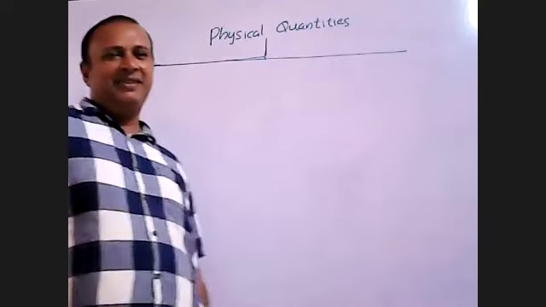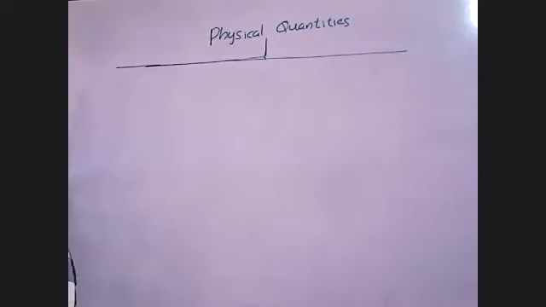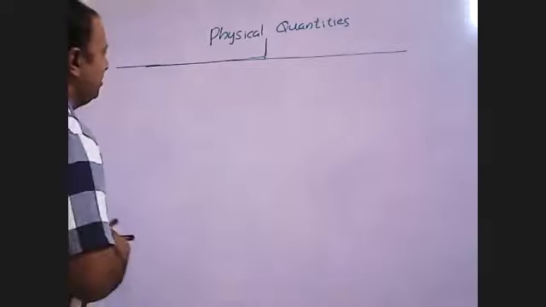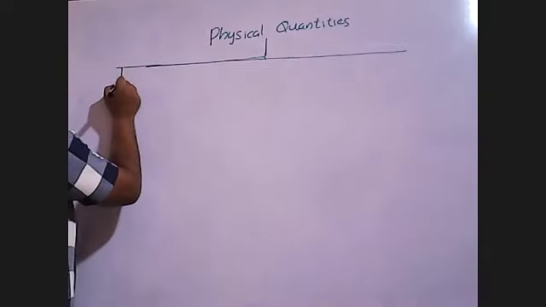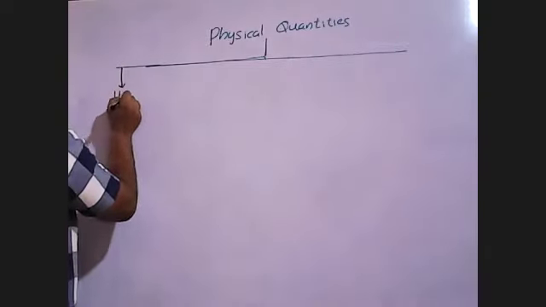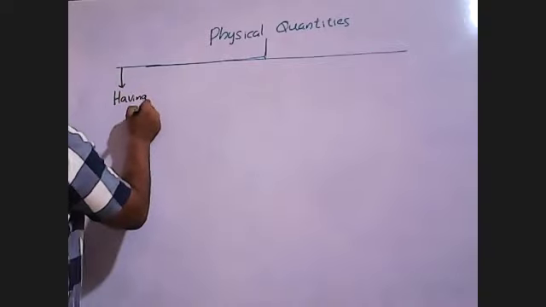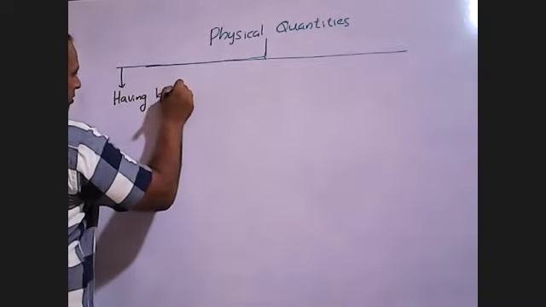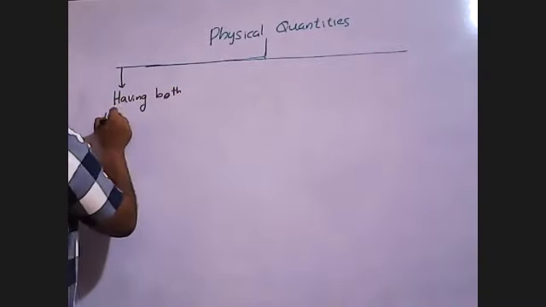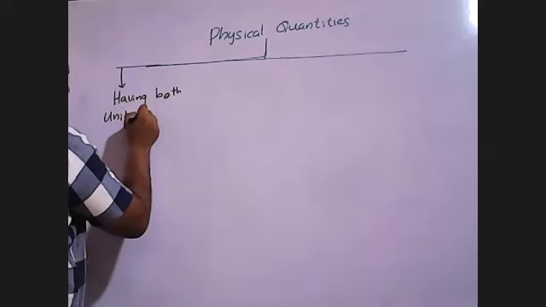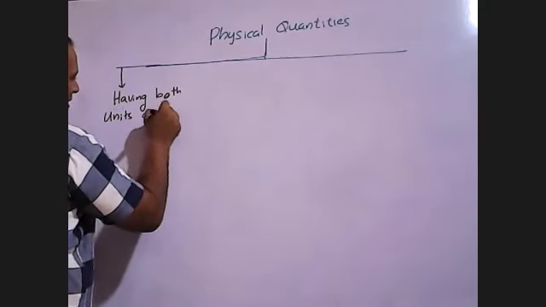Okay. Then we can classify physical quantities into three categories. First one is having both units and dimensions.